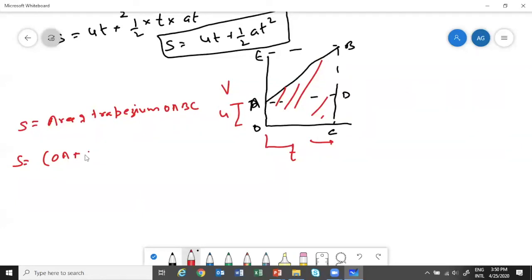So OA plus CB, into OC, divided by 2. OA means U, CB means the final velocity, OC means T, by 2.